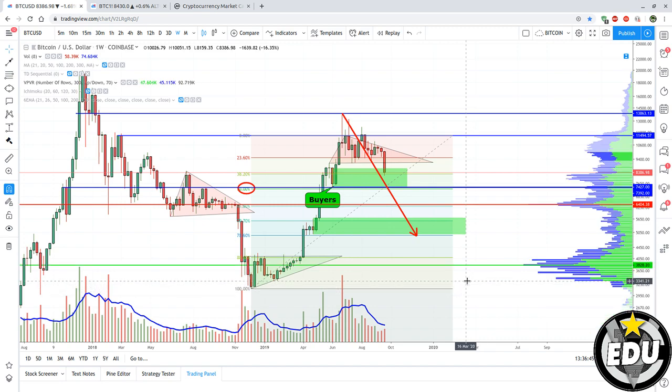It is possible. Okay, so I'm setting up some levels. I now got 7.4 and I got 6.4 and then I got 6K, 5.7. I mean, that's the confluence with the demand zone.